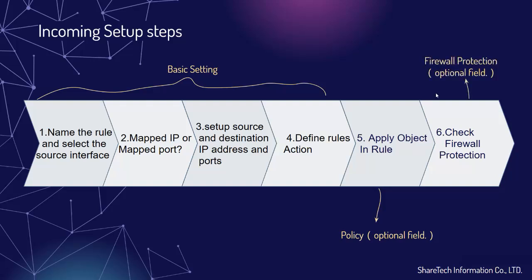Step 6 is the firewall protection settings. This is where you check whether to enable the firewall protection feature. It is optional too, and the rule will still be effective even if the protection feature is not enabled.